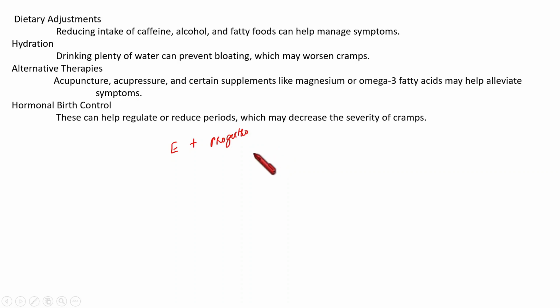As ovulation will not happen, it will cause a change in the periods, and in that way it decreases the severity of cramps. From my point of view, it is not that advisable. Anyway, that's also another method to get relief from menstrual cramps.